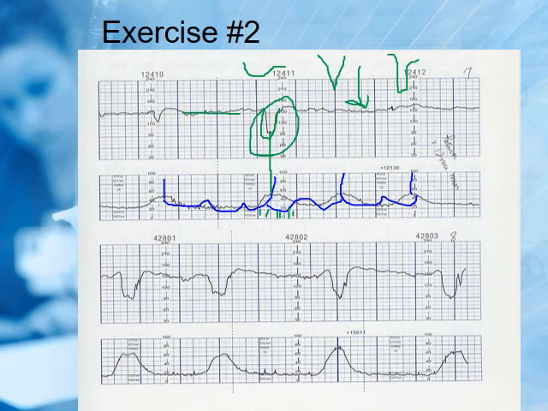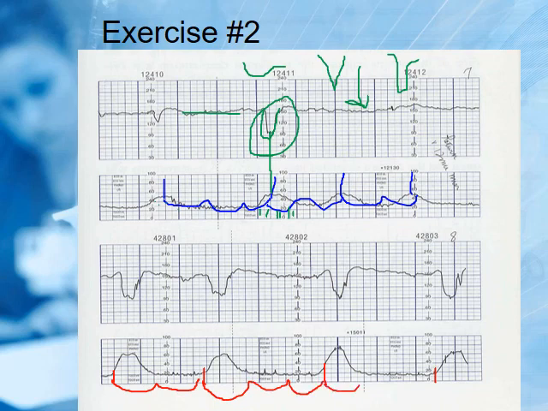And let's try this one down here. What is the contraction pattern? How often? This one I'm going to go beginning of a contraction and 1, 2, and then it's 1, 2, 3.